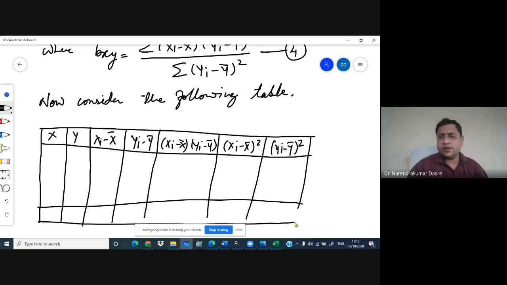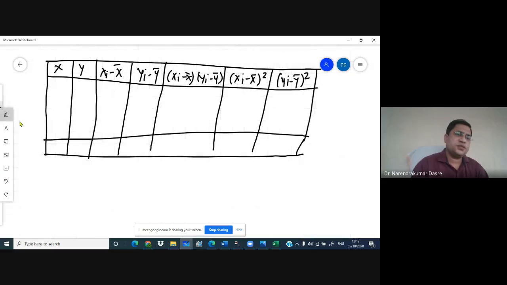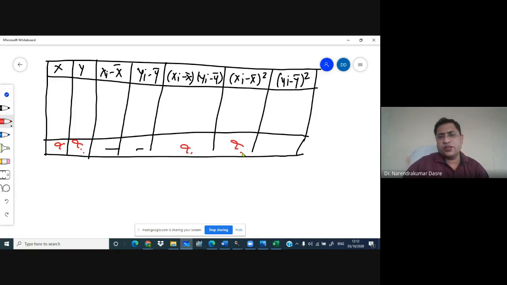And the most important thing we want is the summation of these columns. We are not interested in this sum, but we are always interested in these sums. So these are the columns of our interest.